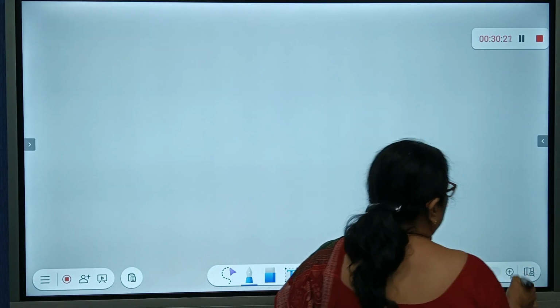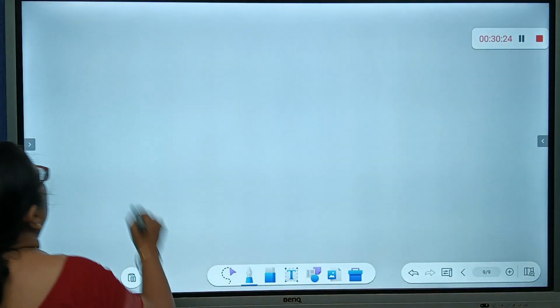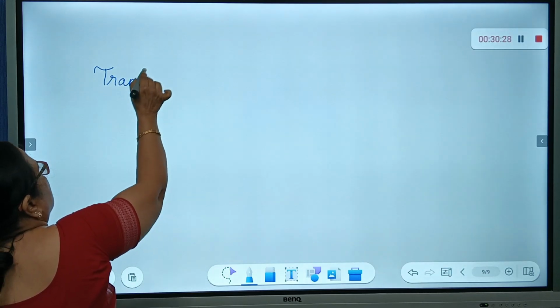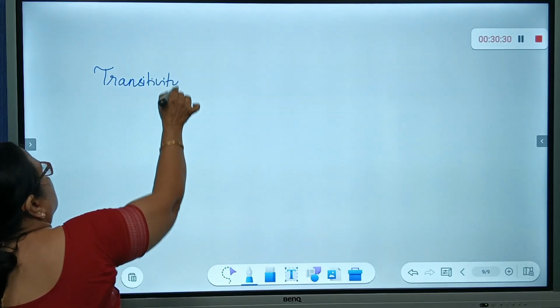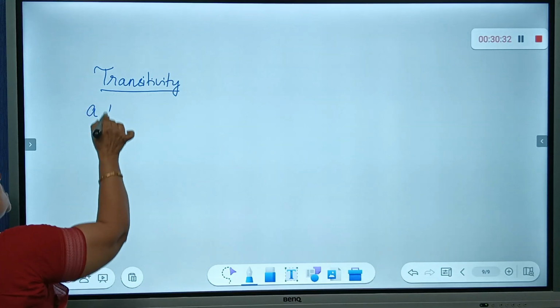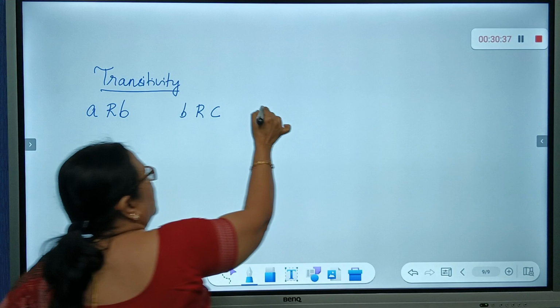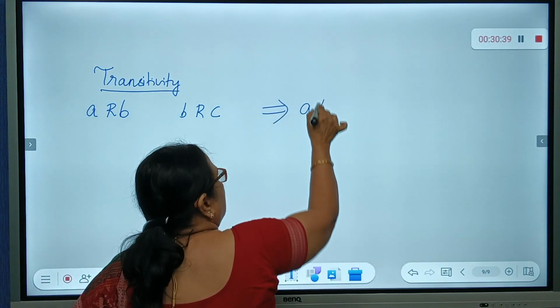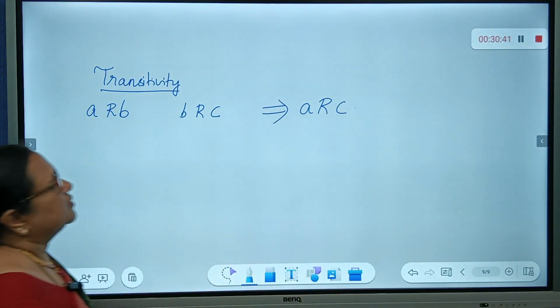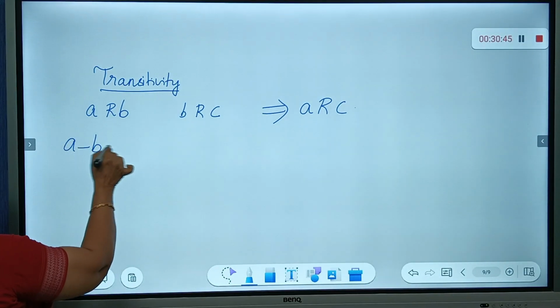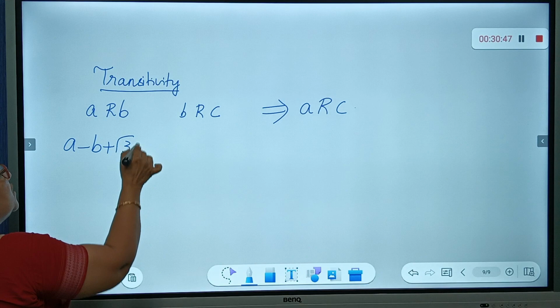Next, what is it we have to check? We have to check transitivity. A is related to B, B is related to C. Does it imply A is related to C? Okay, now A is related to B means what? A minus B plus root 3 is irrational.